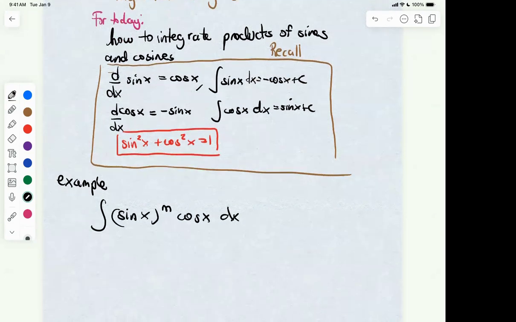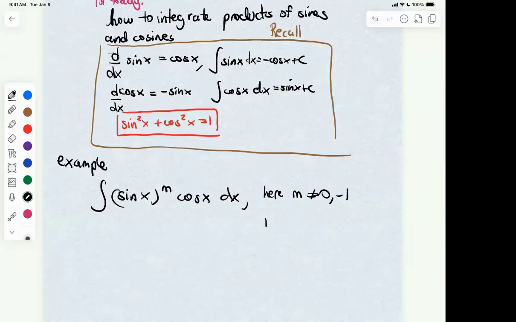Here m is a positive integer. Well, I guess it doesn't have to be an integer, but let's just say here m is not 0, and also not -1, I suppose.